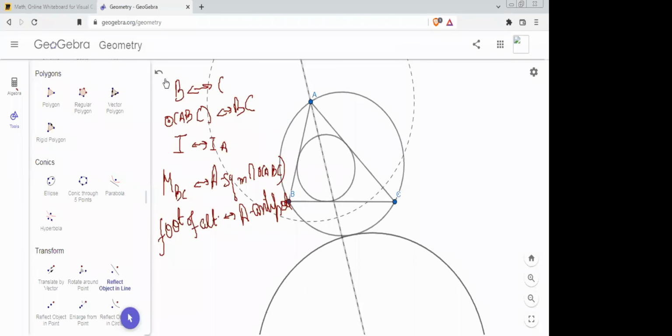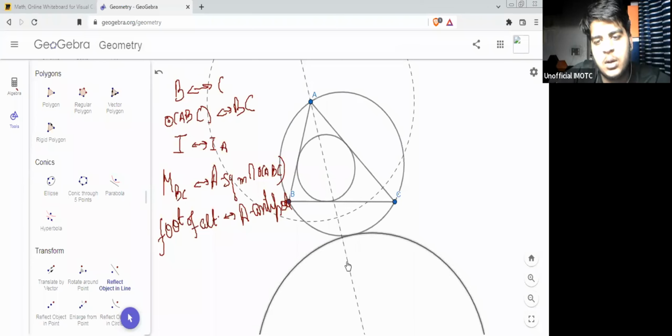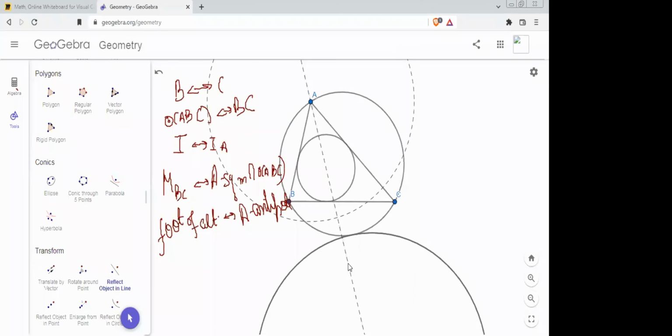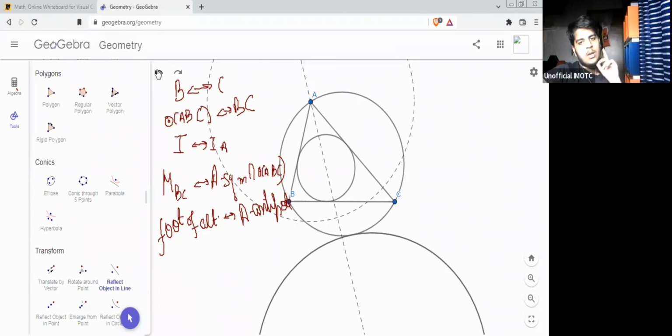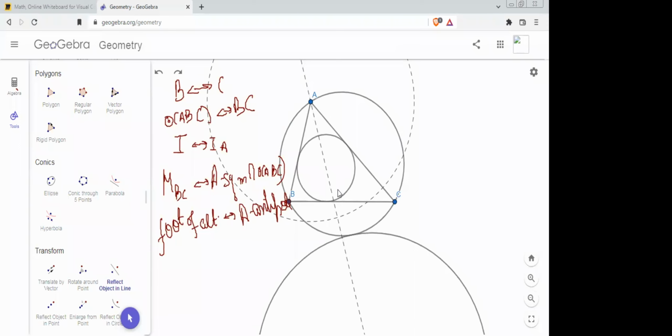This is like an external mixed linear in circle or something. Yeah, this is going to be tangent to AB, AC, and circle ABC. Yeah, it will be tangent. Then what's the image of the mixed linear in circle?